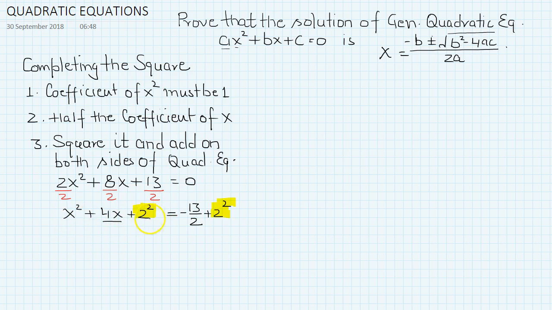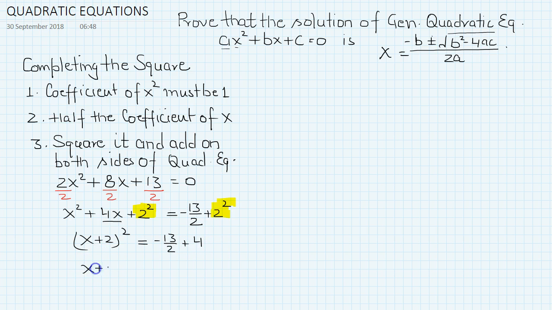Now this is x square plus 4x plus 2 square. So we know it's simply x plus 2 square. In all questions, if this sign is negative, you put it negative. If this sign is positive, you put positive here. That is equal to minus 13 over 2 plus 4.